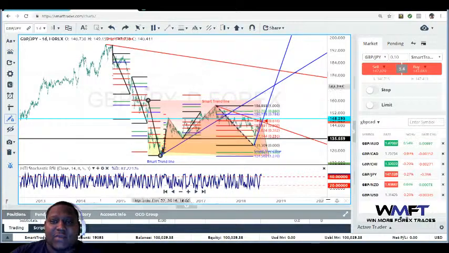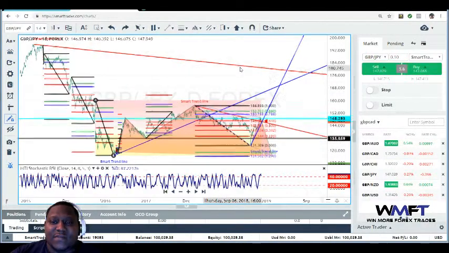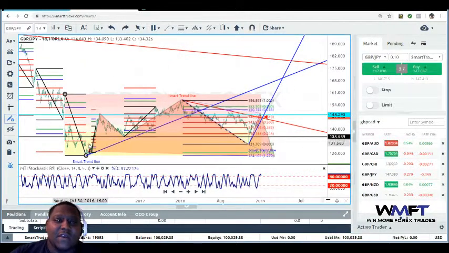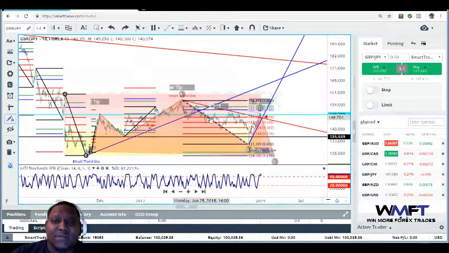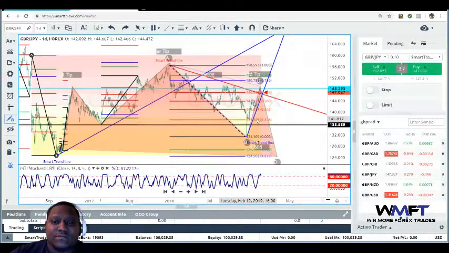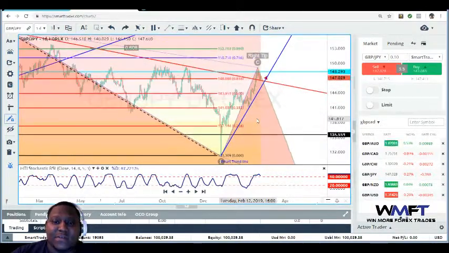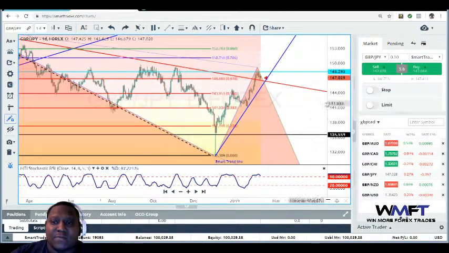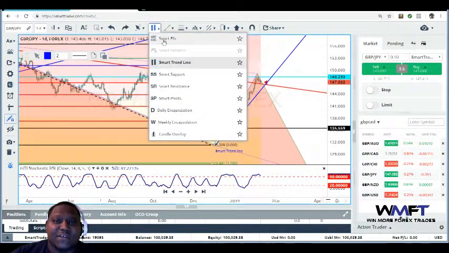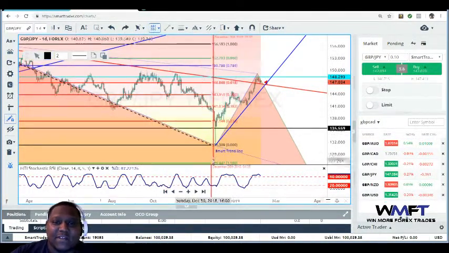I know we got more trend lines than this, but we're just going to focus on the trend lines here, because we had this uptrend line that was broken. So now we're back in the sell zone. We're in the sell zone with a crown formation, and I thought I had Fibonacci's up there. Okay, no, I did bring in Fibonacci's, but I had taken them off because I don't think you guys could see it.